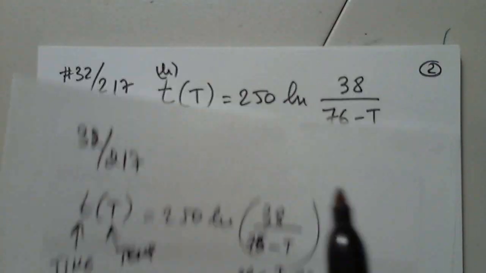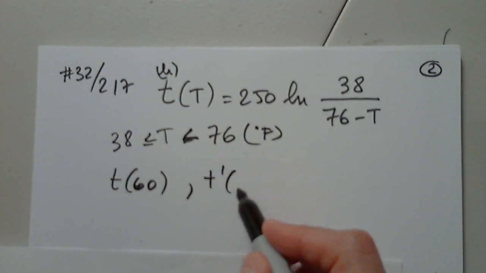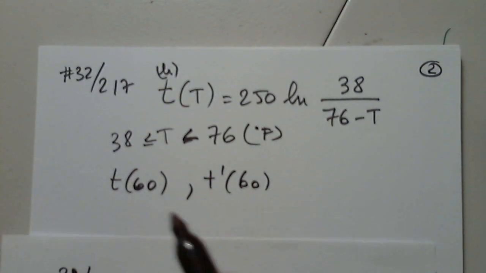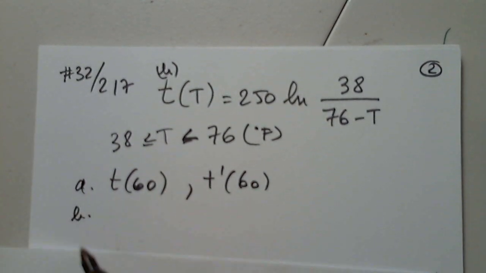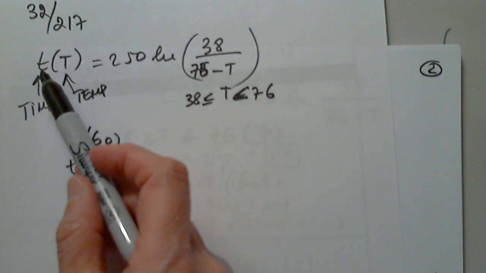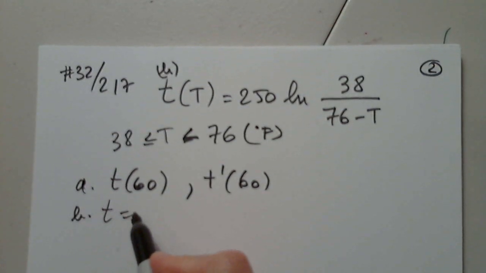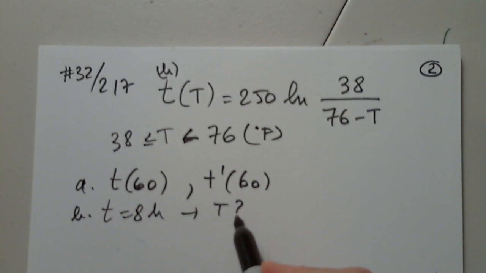They want us to find T of 60, and T prime of 60. This is part A, and in part B, they want us to find the temperature when the time is 8. So T equals 8 hours, find the temperature.